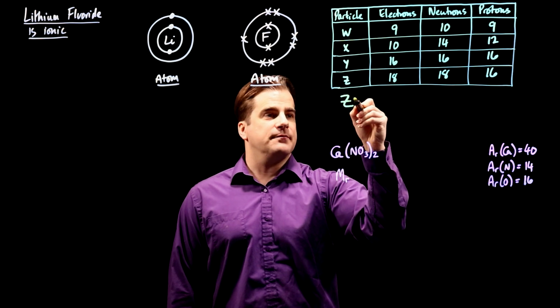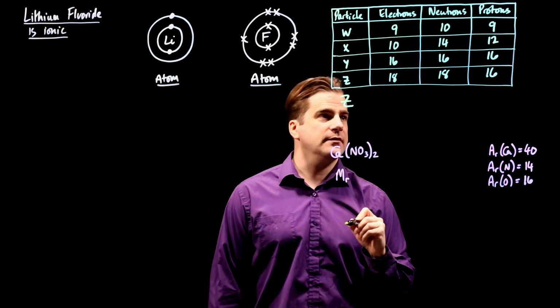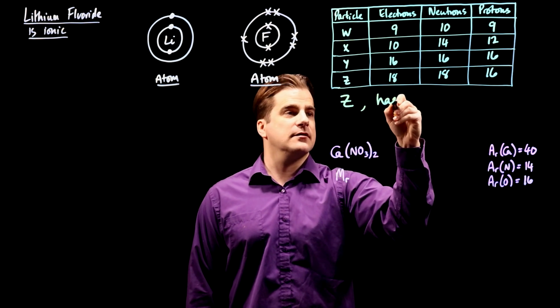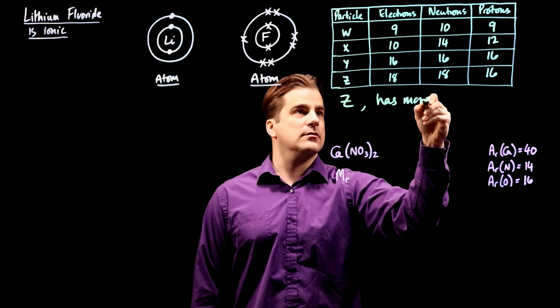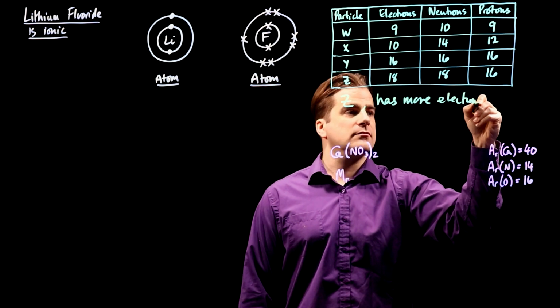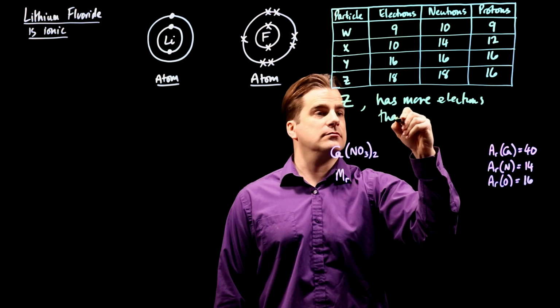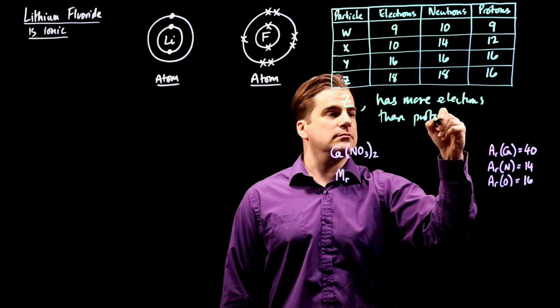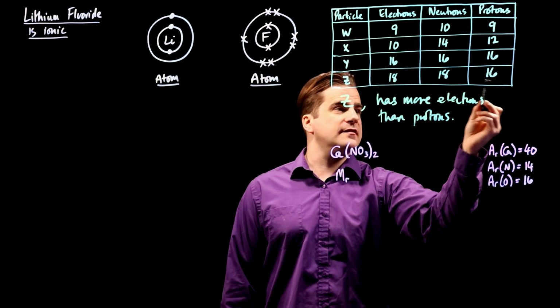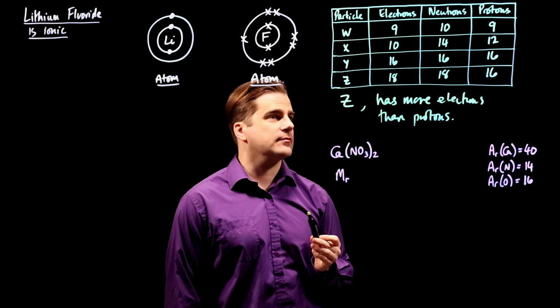Well, it's Z. Z is the negative ion because it has more electrons than protons. See, it's got 18 electrons and 16 protons.